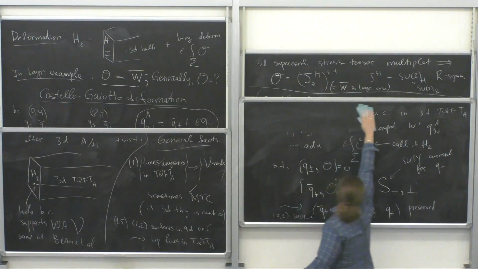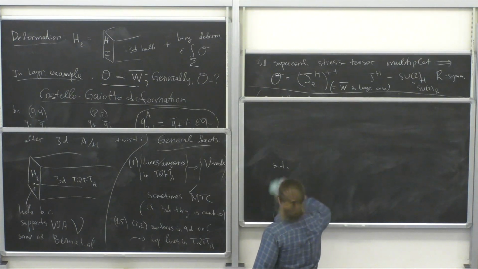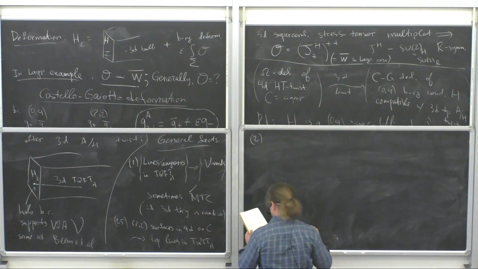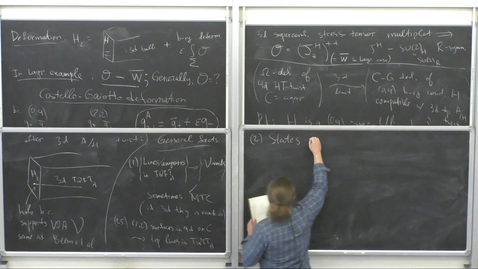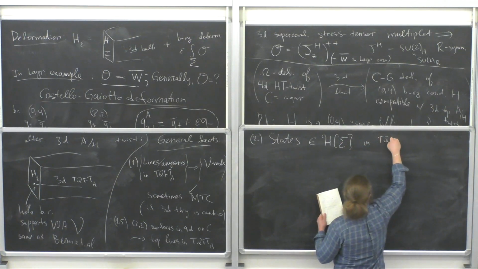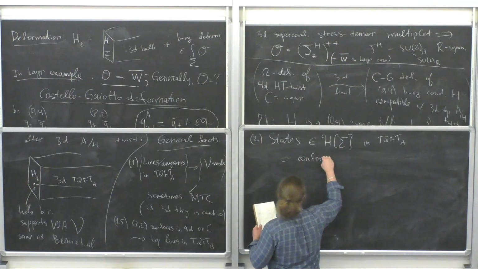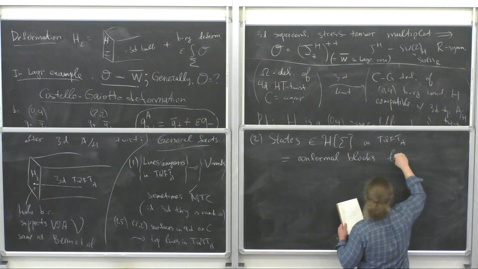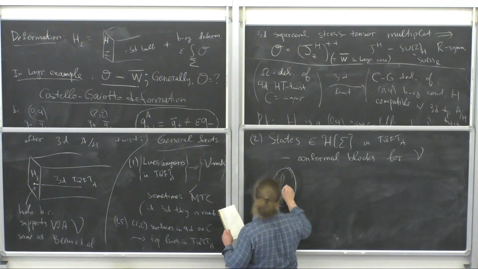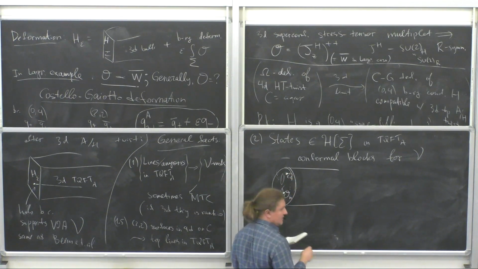Now another general thing, point number 2, states that if you consider states in this TQFT, in the Hilbert space associated to sigma, so states in this TQFT A, are, of course, conformal blocks for the VOA V. You have your sigma, you have some bulk, you have some insertions O1, ..., On along the boundary that belong to the boundary VOA.